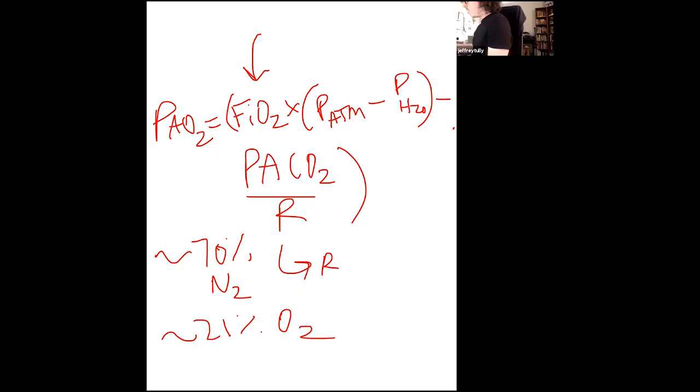So the main thing that we do in a lot of cases in order to raise the amount of oxygen at the alveolus, to therefore raise the amount of oxygen that is able to be transferred into the bloodstream, is increase the concentration of oxygen that is provided to the respiratory tree. You'll also see that obviously an increasing amount of CO2 is going to be subtracted from that term. So the more CO2 that you have from under ventilation, the harder it is to oxygenate as well.